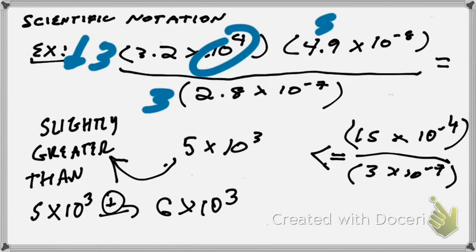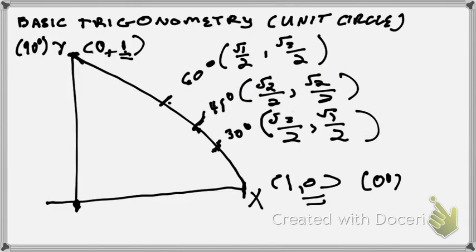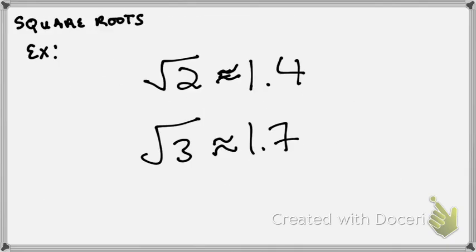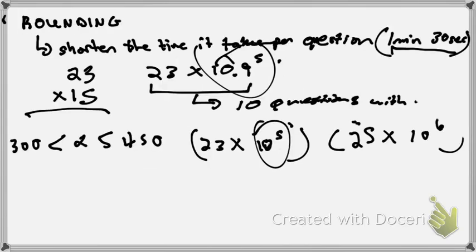We also learned how to add and multiply, and in that way we have dealt with scientific notation as well. Basic trigonometry, I already explained why this is important with the free body diagram in physics. And we talked about square roots and why that's important, and the importance of rounding as well.